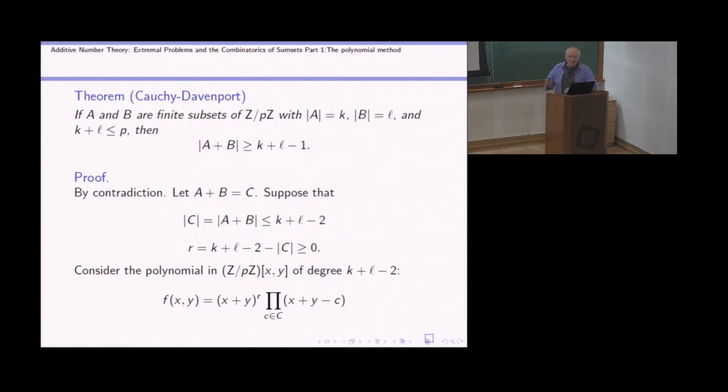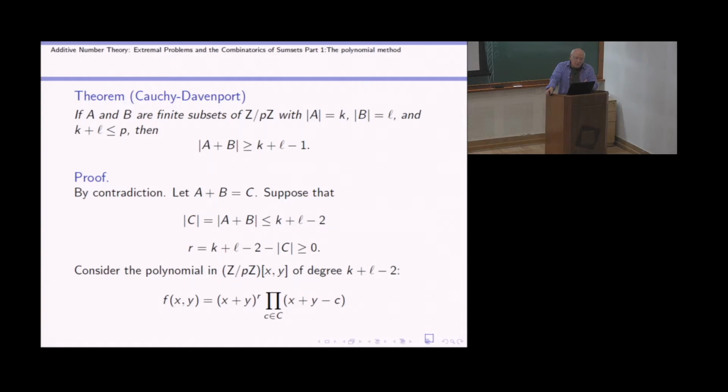Okay, so here's the proof of Cauchy-Davenport. Now, take two sets A and B in the integers mod p. K elements in A, L elements in B. Now, if K plus L was p plus 1 or greater, the sum set would be the whole group by this previous lemma. So we only have to consider the case that K plus L is less than or equal to p.